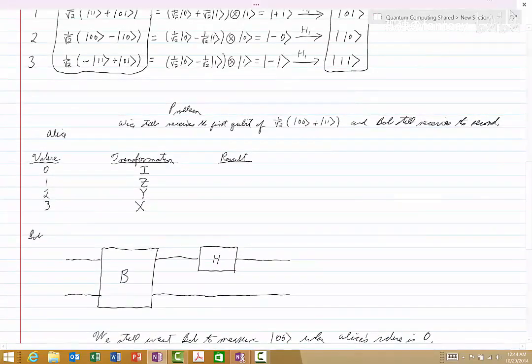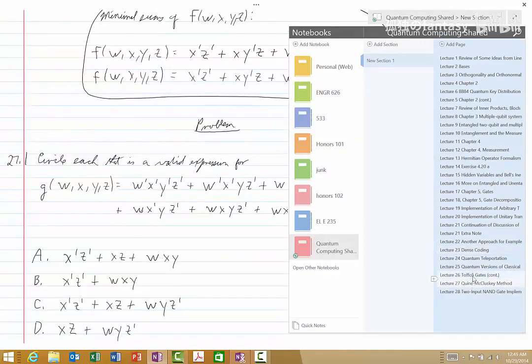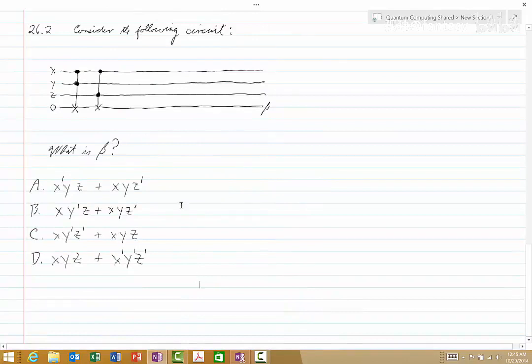And so there is one more observation I'd like to make, and it concerns the end of lecture 26. We have this problem here. This was the second problem in lecture 26.